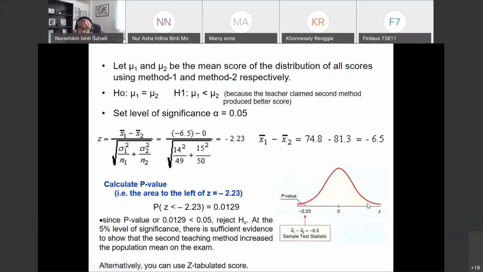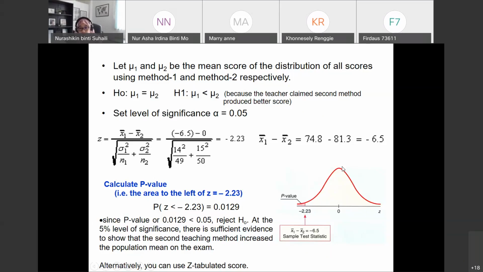You can find the area on the right side. I hope you know what I mean. So you find from the table what is the tail area. It's given here, 0.0129 from the table, okay? It's actually not straightforward.